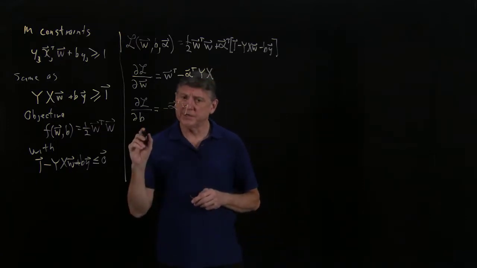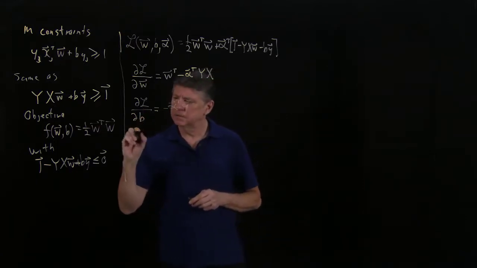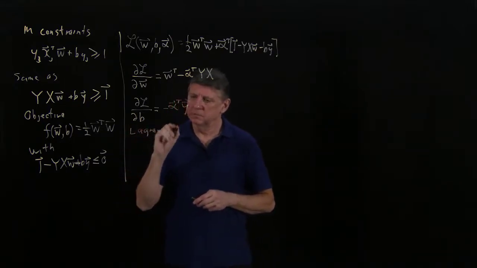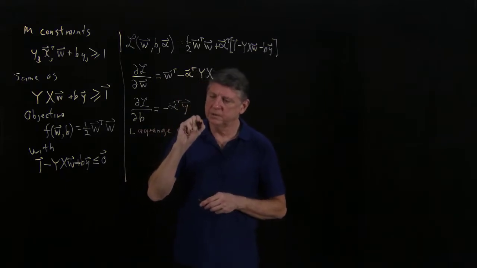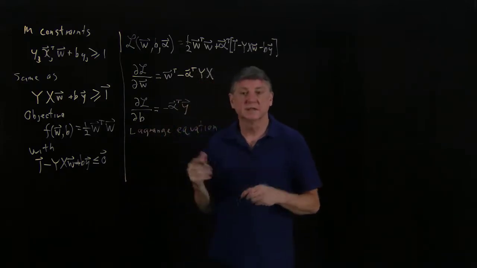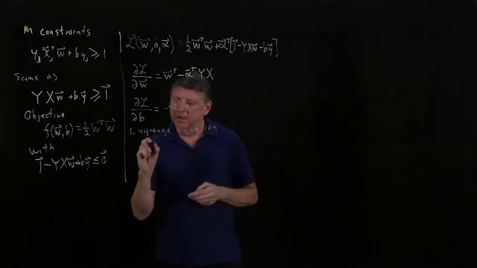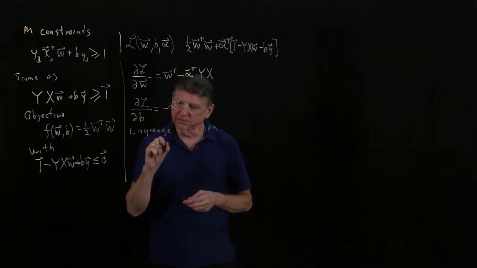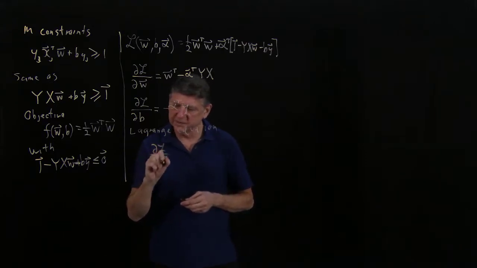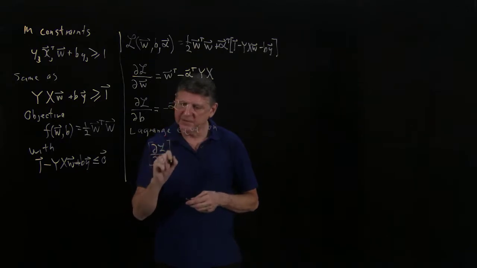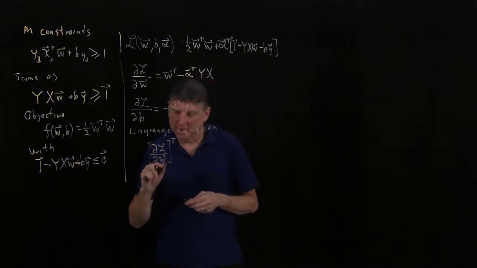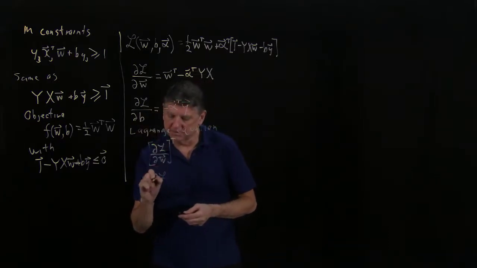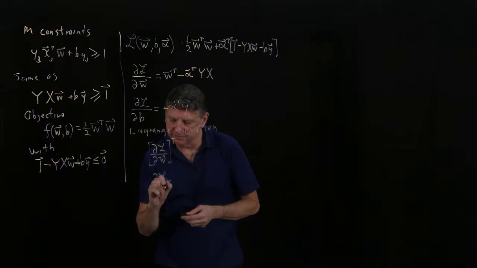And the Lagrange equation, we can think of it as a single linear system, is we'll take the partial derivative of the Lagrangian with respect to the weight vector, and we transpose that from a one form into a vector, and then we take the partial derivative with respect to the bias scalar.